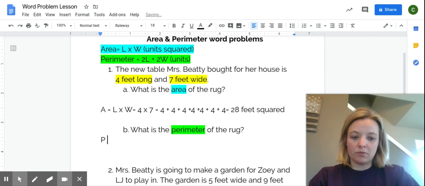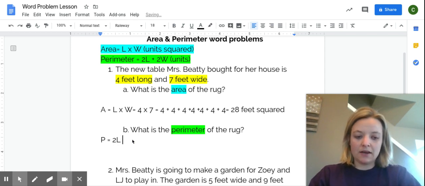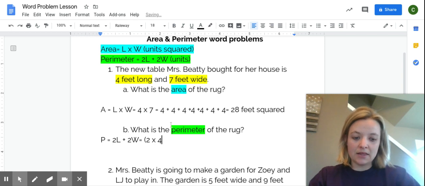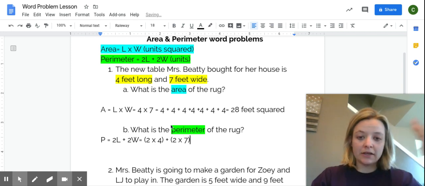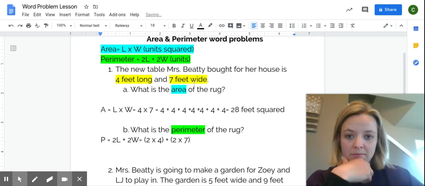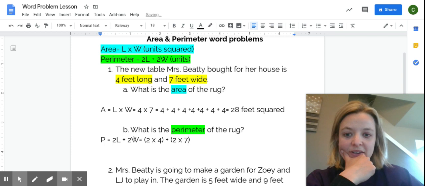All right, perimeter, we have our equation at the top, 2 times the length plus 2 times the width. So to write that out, I need to first multiply 2 times 4, which is how many feet long, or my length, plus 2 times 7. So I'm looking back at my word problem for help. I have my 7 and my 7, my 4 and my 4.